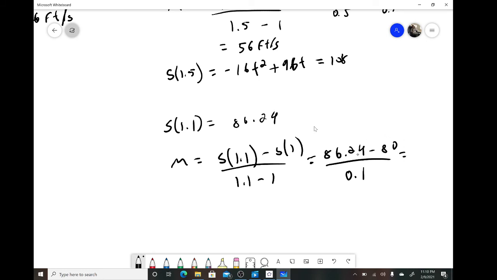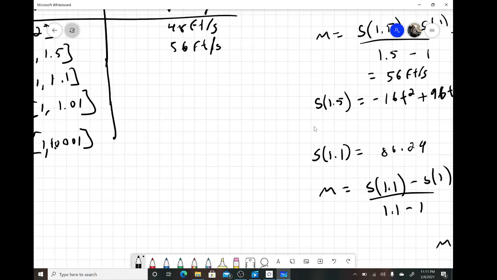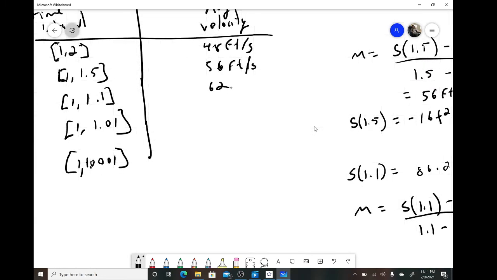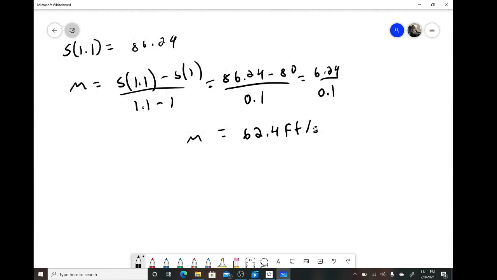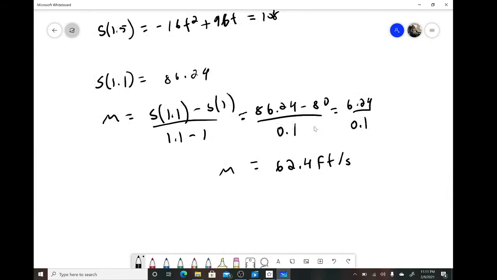So this is the same thing as 6.24 divided by 0.1, and that should be equal to 62.4 feet a second. You could verify that on a calculator if you don't believe me. Simply divide 6.24 by 0.1 and you should get the result. Or again, change this into a fraction, 1 over 10, then keep, change, flip, and you'll get 62.4.